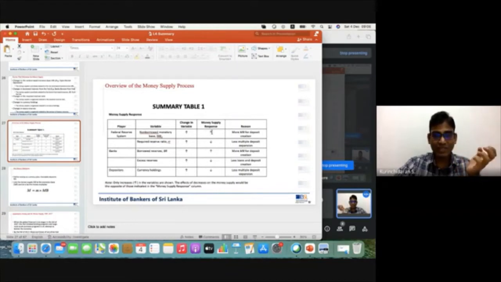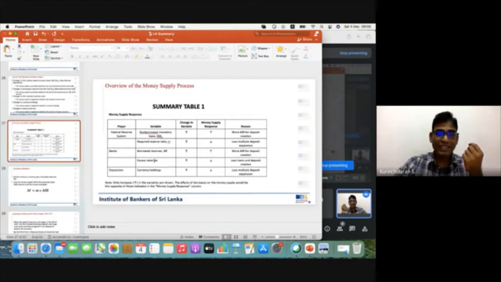We saw that. The second one: when the central bank increases the required reserve ratio, you are going to lose because there is less multiple deposit expansion. When banks borrow reserves and the borrowed reserves increase, the money supply increases.